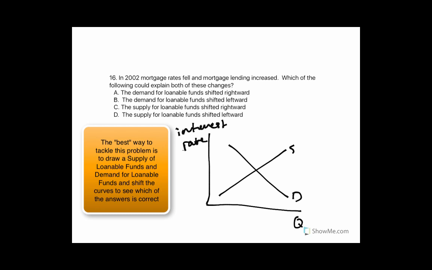And so one explanation for that, given this curve, so one shift that could make both of those things happen is if the supply curve shifted right, then our interest rate would fall, and our quantity would increase. Right, so from Q1 to Q2, and from I1 to I2. So that's what that shift would look like. That's one shift on this supply of loanable funds market that would be consistent with those observations. So the supply of loanable funds curve shifted rightward.